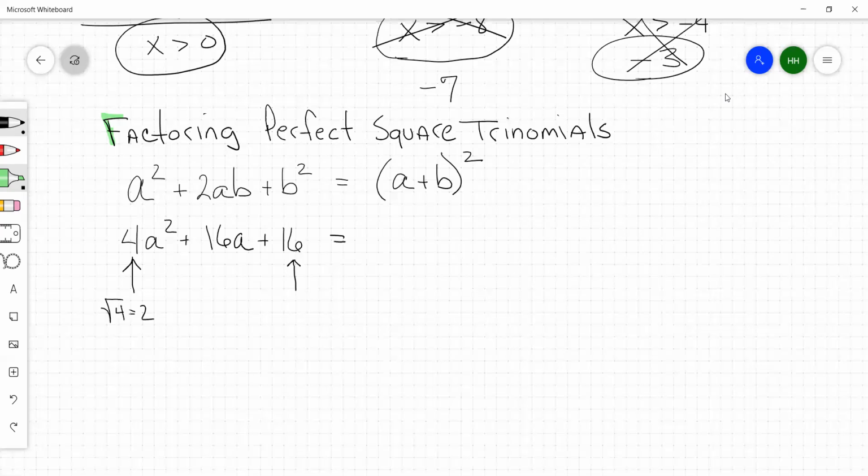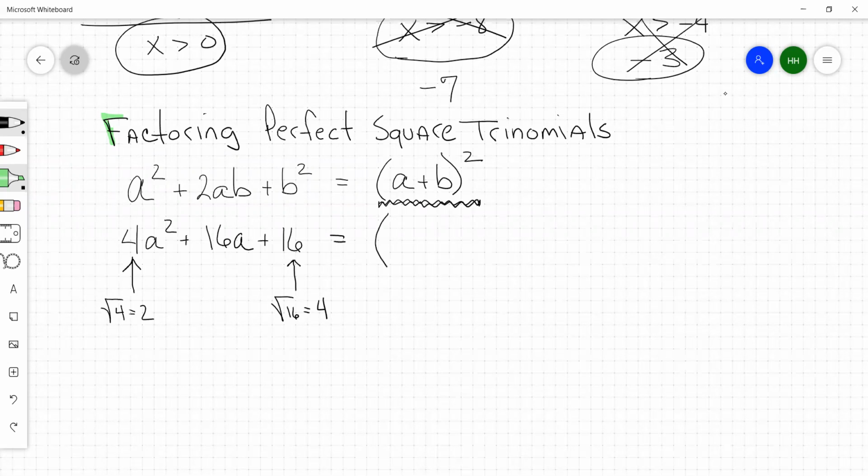The square root of 16 is 4. So that makes these two perfect squares. When the first term is a perfect square and the last term is a perfect square, you can factor these, and your factors will look like this right here. It will be a binomial squared.